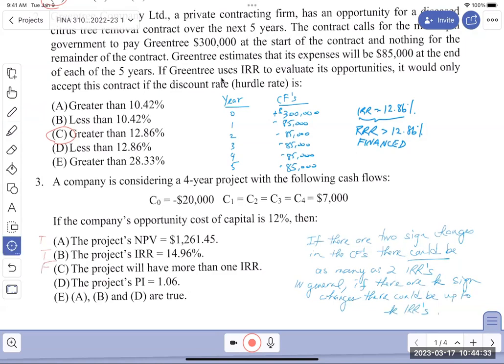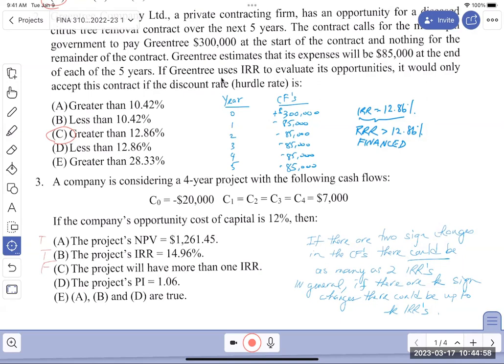You'll see that in the notes. And then A, B, and D. So we have to check this. Now the PI. So just to recap, NPV gives you a dollar amount. The payback period and the discounted payback period will give you the number of years as a metric.